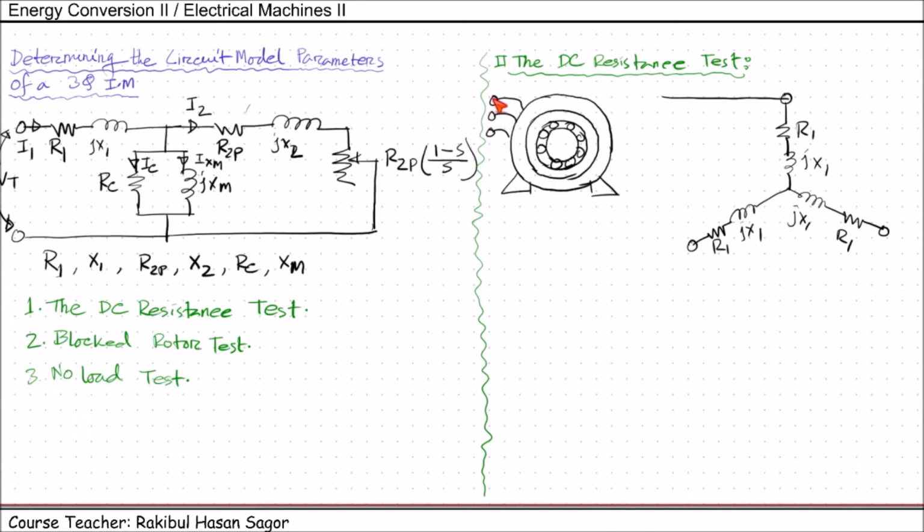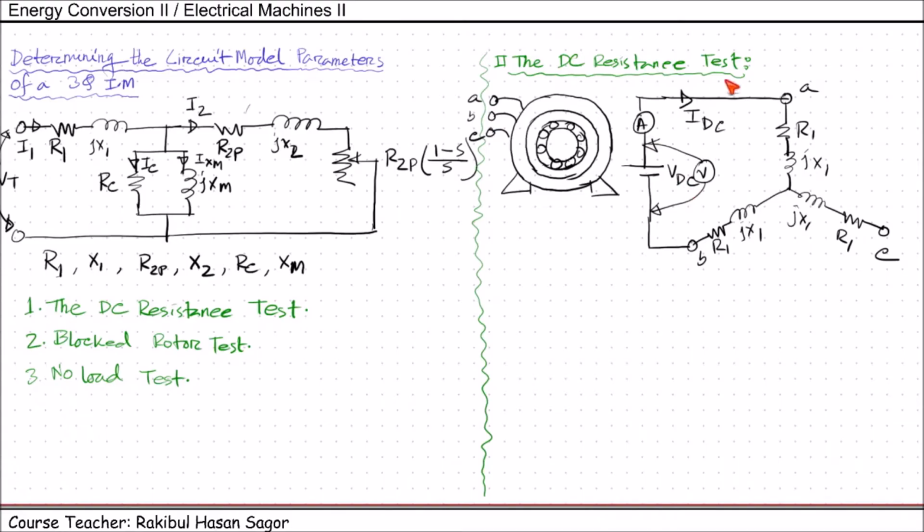So any two terminals, A and B, or B and C. For example, this is A, B, C. And we are connecting a DC supply to any two terminals, we are choosing A and B. This supply is given through an ammeter so that we can measure this current, that is IDC, and this is VDC, and we can measure this voltage at this terminal using a voltmeter, from which we can get the value of VDC.